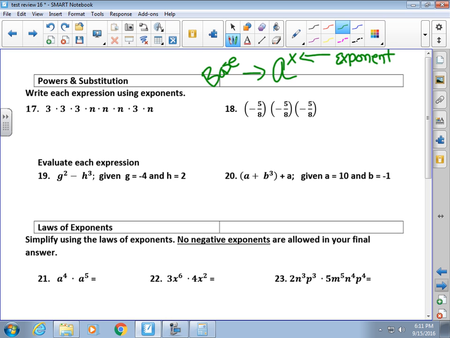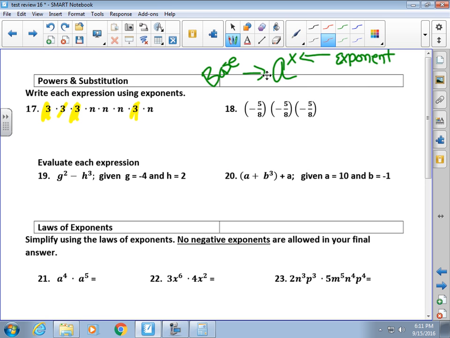So we have lots of regular size numbers here, and it's repeated multiplication, so I need to count how many times I have to multiply the same number, and then I'm going to use my exponent to represent how many times I have to do that. If I look at the first problem, I have 1, 2, 3, 4 3s.